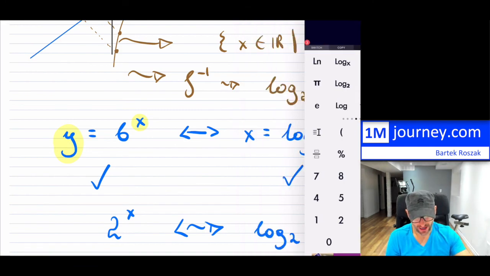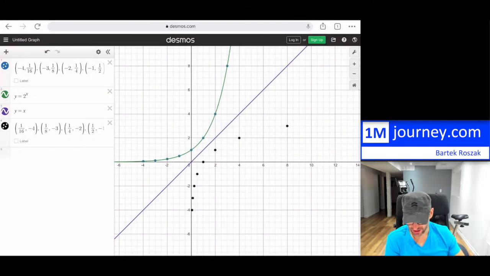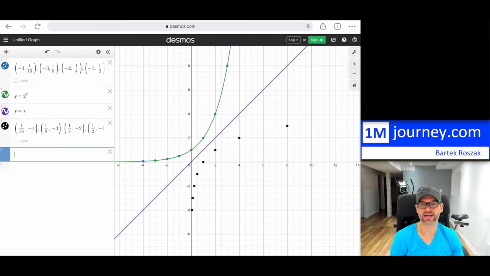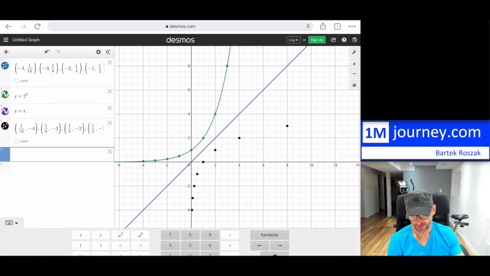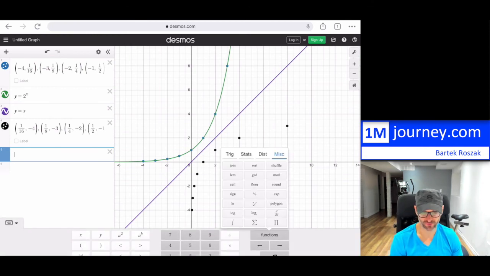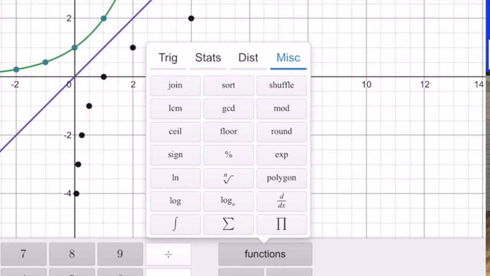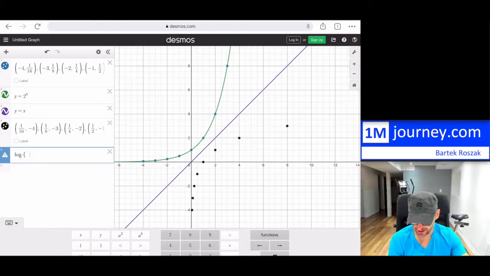Now, if I graph this, if I go back here to decimals and want to graph this as an inverse, you don't have to do anything special like we did in the past for inverses, trying to find exactly what the inverse is, because we are now telling you that the inverse is log. Notice if I go here to functions, to miscellaneous, there is an actual log. There's log and then log A. They call it log A because that's the base. Now I'm going to say that we used base 2 for that, so I'll put it in here.